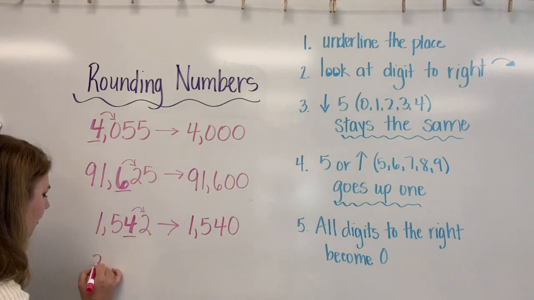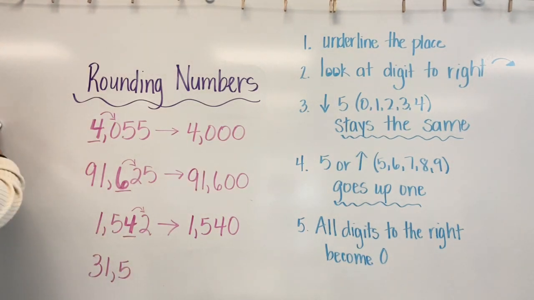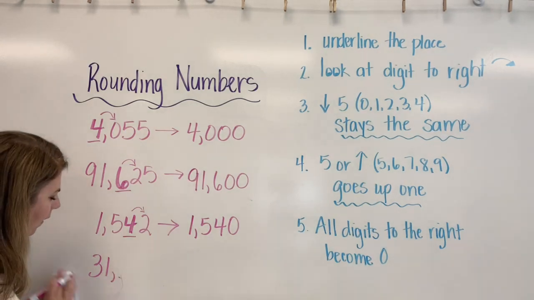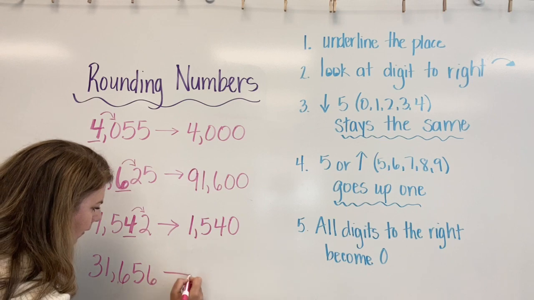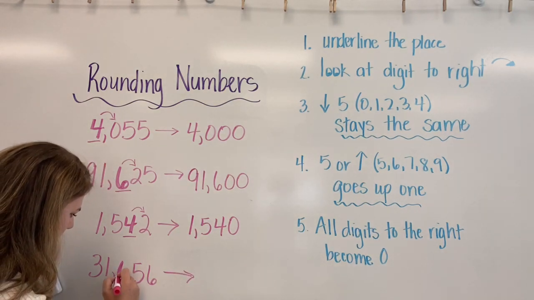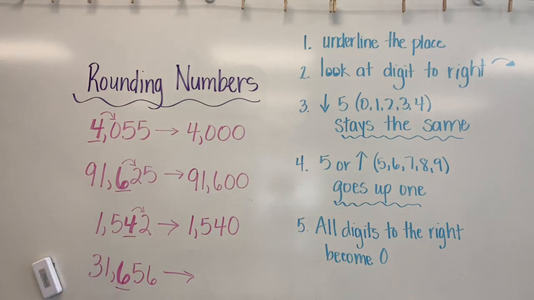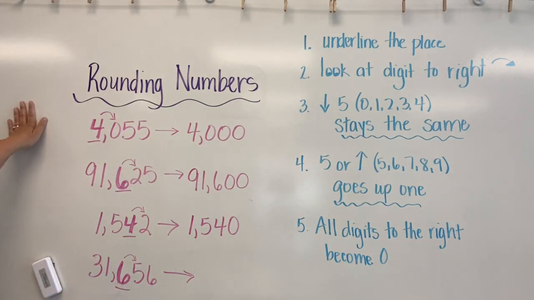Last but not least, I'm going to give you 3,656. The 6 is the number that we're going to, the hundreds place. I look next. The number next to it is a 5.